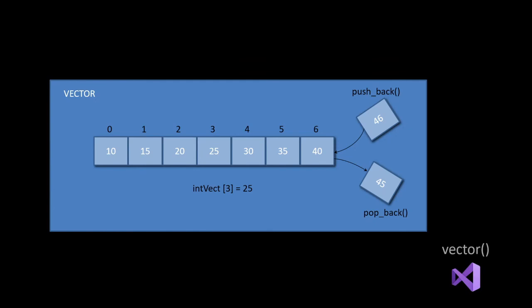So what you're seeing here is if I want to add to the vector, I push it to the back, and if I want to remove, I pop it off of the back. These functions, pushBack and popBack, become very common things when you're dealing with vectors and lists and deques and stuff like that. So they become extremely important functions to understand.